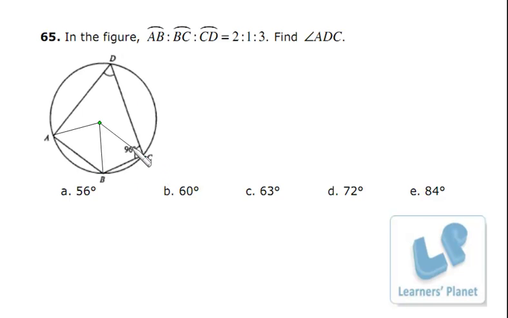This angle DCB is given to us as 96 degrees over here. So precisely this is the figure. Okay, now this is the center of the circle.